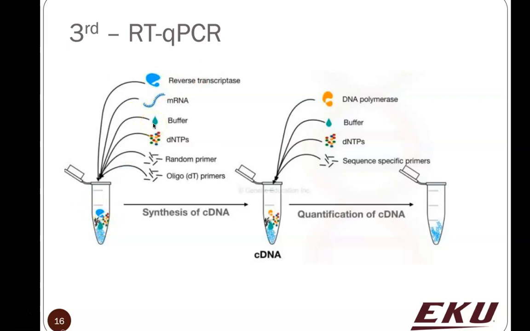It has to have the right buffer, the right pH, the right solution, so that we don't destroy the RNA. We have to have all the right oligonucleotides and the primers in there that will allow us to make complementary DNA.